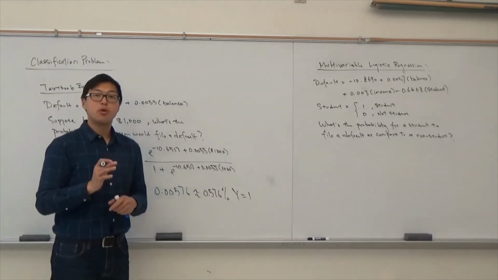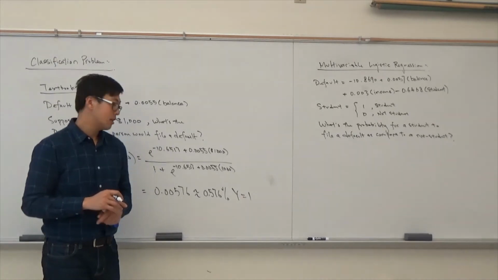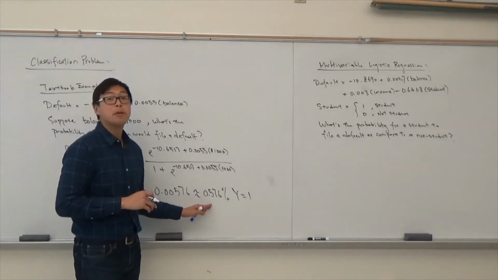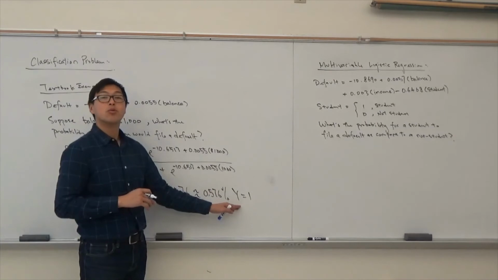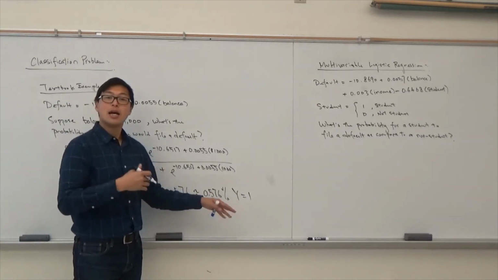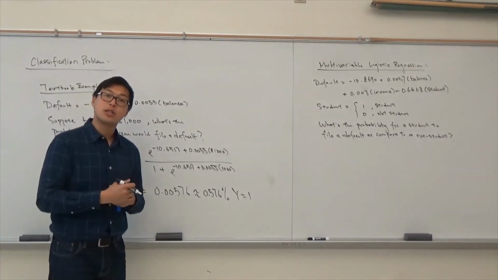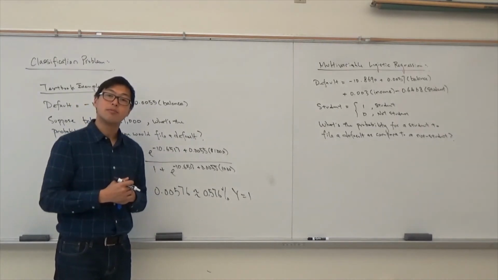That means when a person has $1,000 of cash in their account balance, there is less than a 1% chance this person will actually file a default in this data set. So that's how we are going to interpret the coefficients that we estimate in this logistic model.